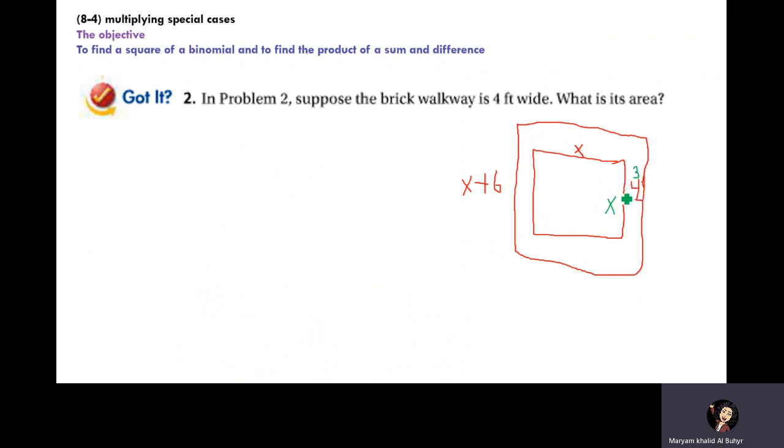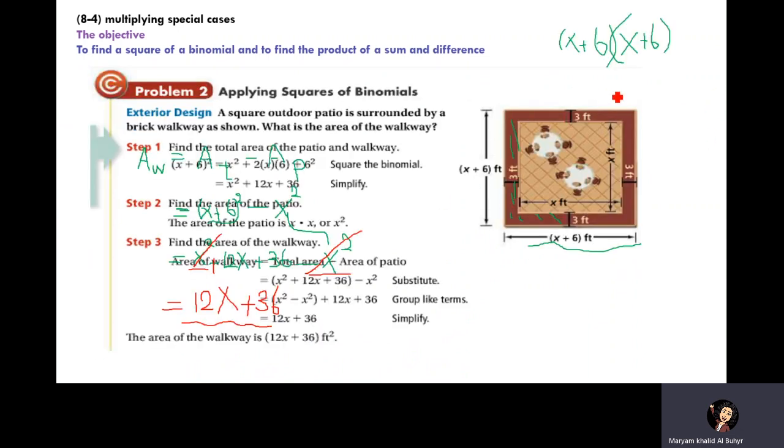That means they increased this walkway by 4, and it was a 3, so I need to minus 1 from this side. So that should be minus 1 here. Again, I have this walkway around it, which is 3 feet, the length of this side is 3 feet, while this one is x.